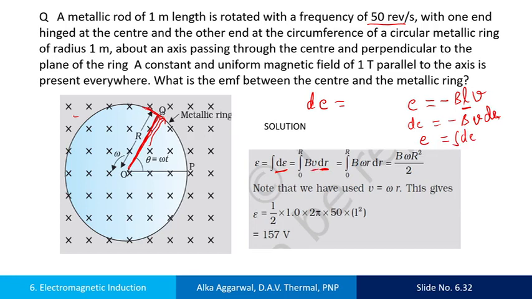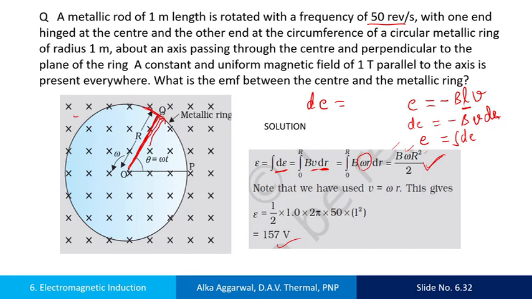In place of v, use r omega. So this will be the expression. Now put the value: B omega R square, and the answer is this one. So the main formula is this. It is one method.